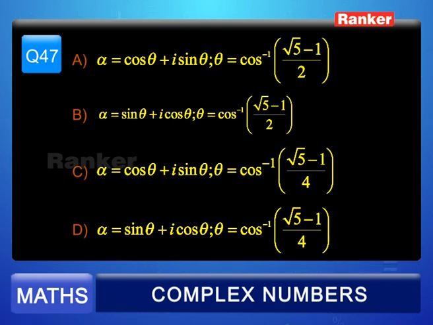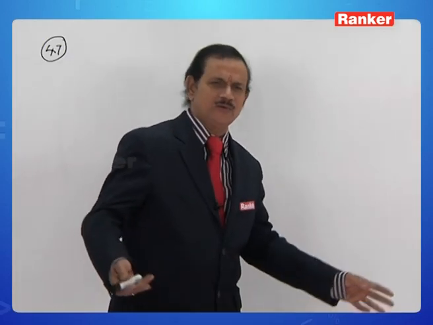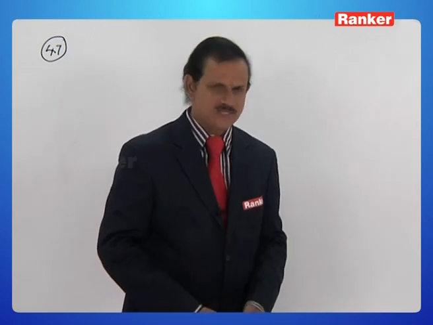In the second option, cos inverse root 5 minus 1 by 2. In the third option, root 5 minus 1 by 4. And the fourth option, cos inverse minus root 5 minus 1 by 4. In option B, it has been given sin theta plus i cos theta. Option D, also sin theta plus i cos theta. Whatever it might be, we'll be exploring the answer first of all, isn't it?